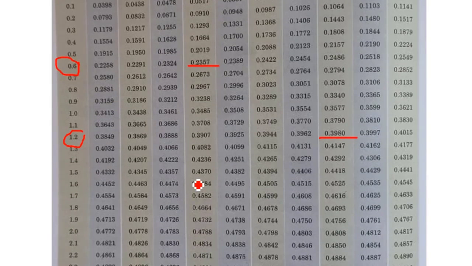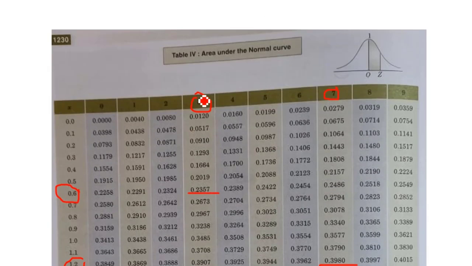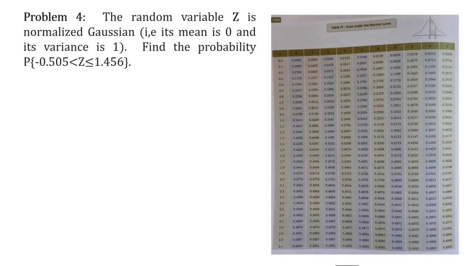So this table is used for the calculations of the probability density function. You should know how to use these tables, then that helps to solve the problems here. The random variable z is normalized Gaussian. If this is the question, you should make use of this table, which is applicable for a normalized Gaussian.